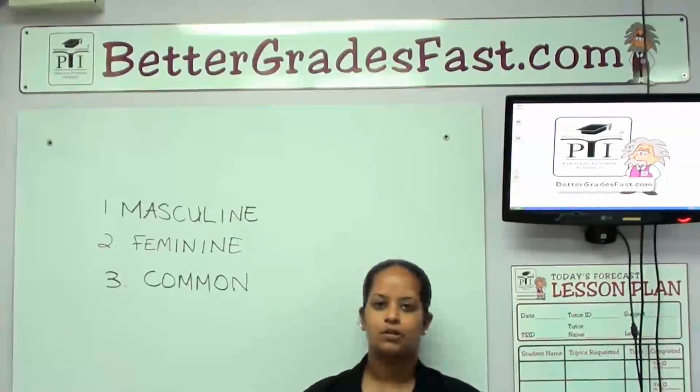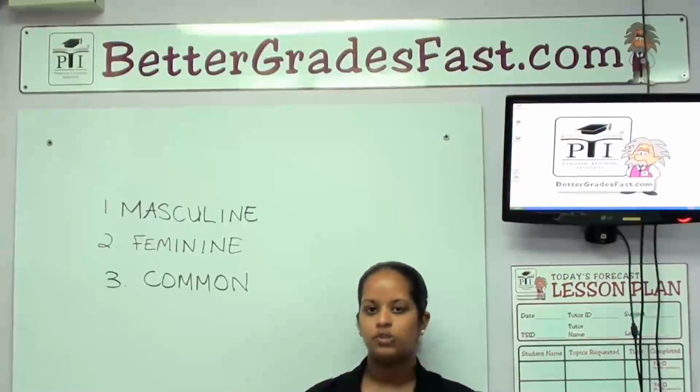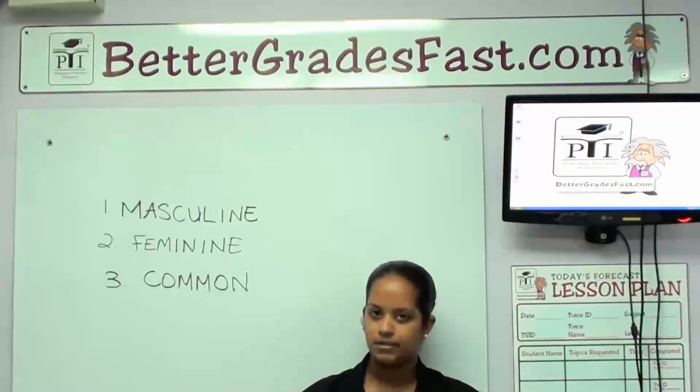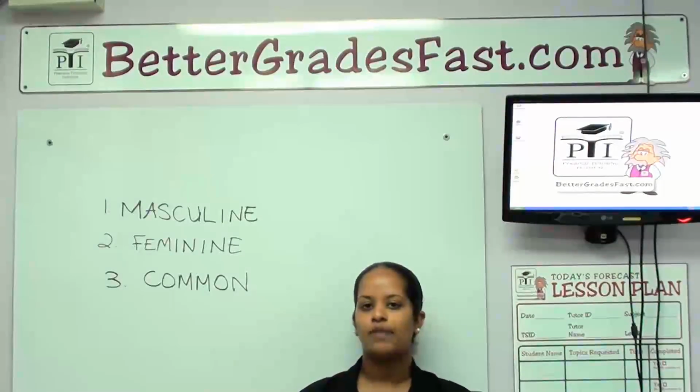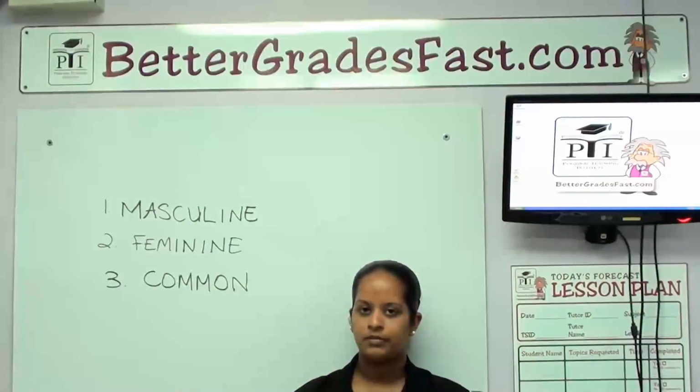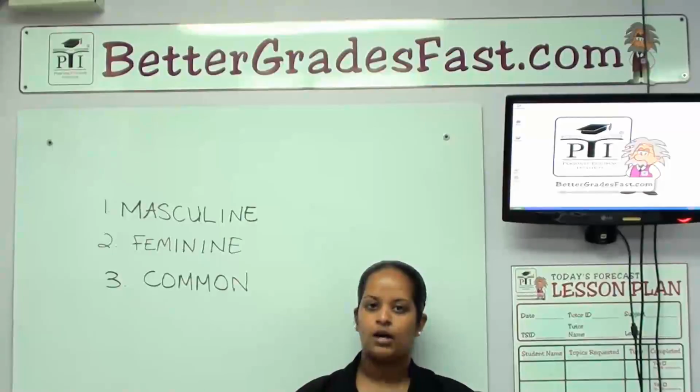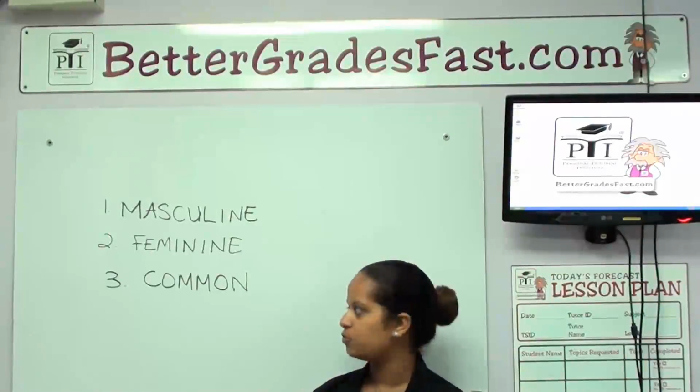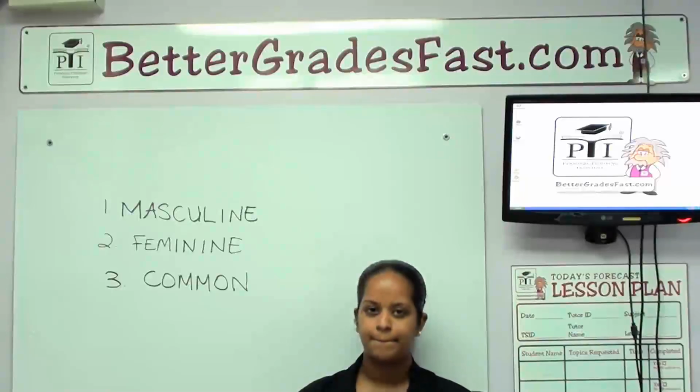For example, the word teacher. You can have a male teacher, you can also have a female teacher. Therefore, the word teacher cannot tell you an exact gender. This would mean that that word is common.